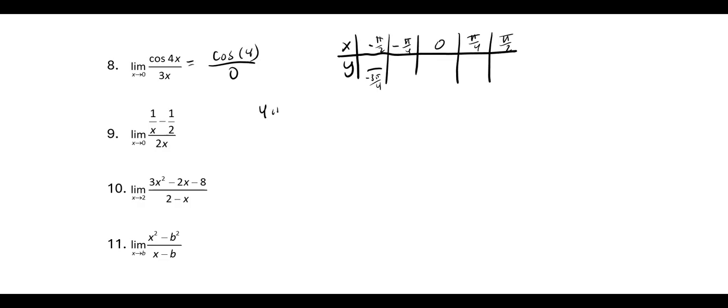So you have 4 pi over 2, -4 pi over 2. This is really cosine of 2 pi. Cosine of 2 pi is 1. So that's still negative. Cosine of negative pi over 4. So you get cosine of pi of 4, times negative pi over 4. Which is just cosine of pi. Cosine of pi is negative 1.